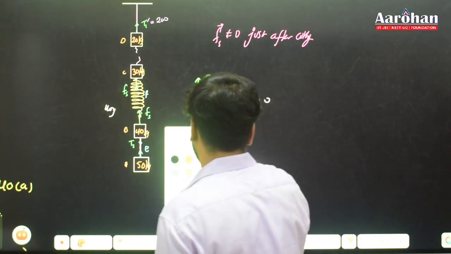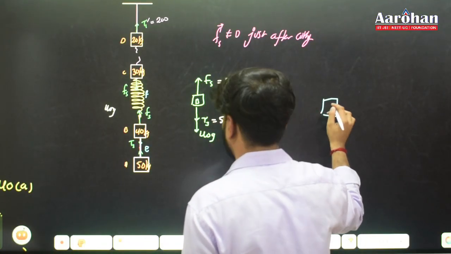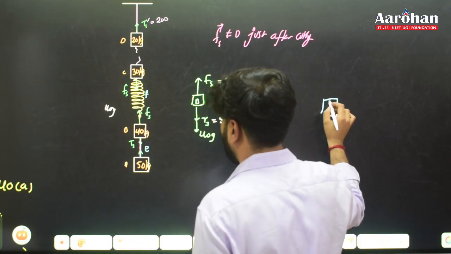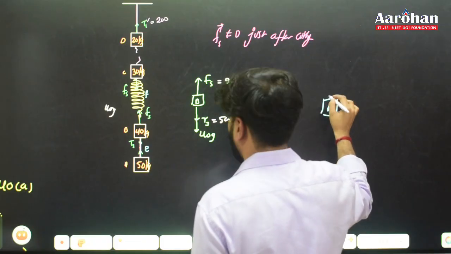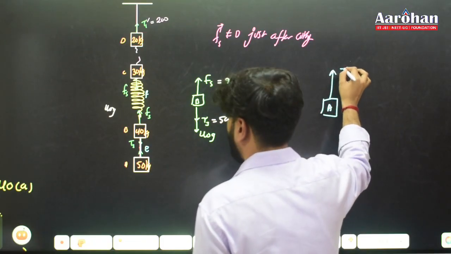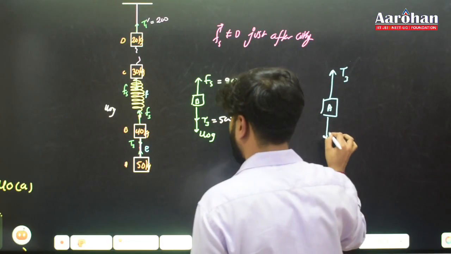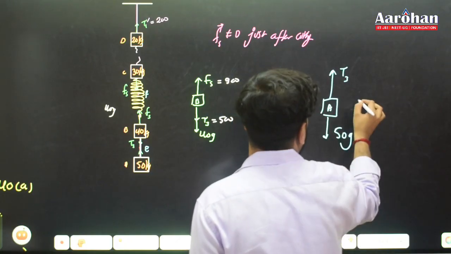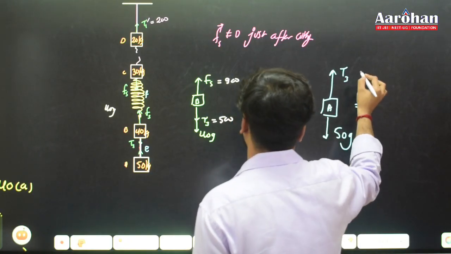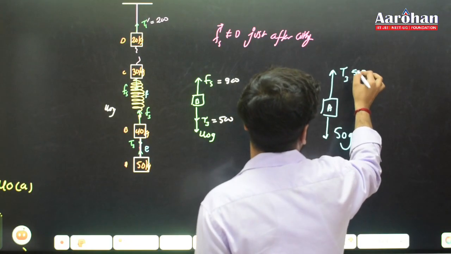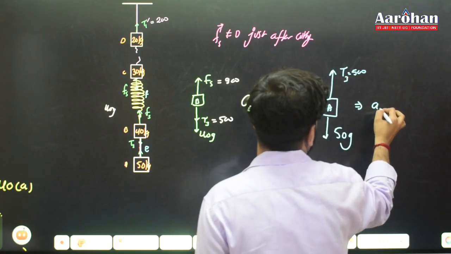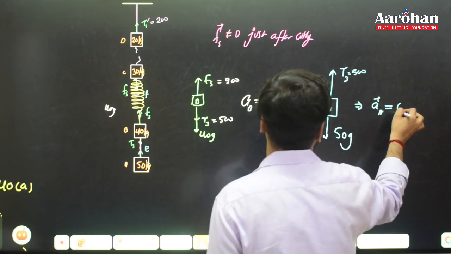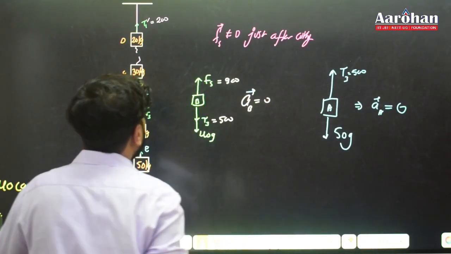And if you talk about A, it is T3 and here it is 50 g, and again T3 was 500. That means acceleration of A will also be 0.